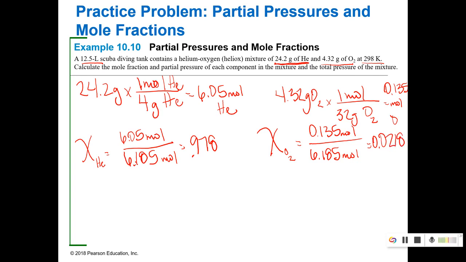All right, so there are mole fractions. Remember, it's just part over whole. We don't do times 100, but these are specifically in moles.